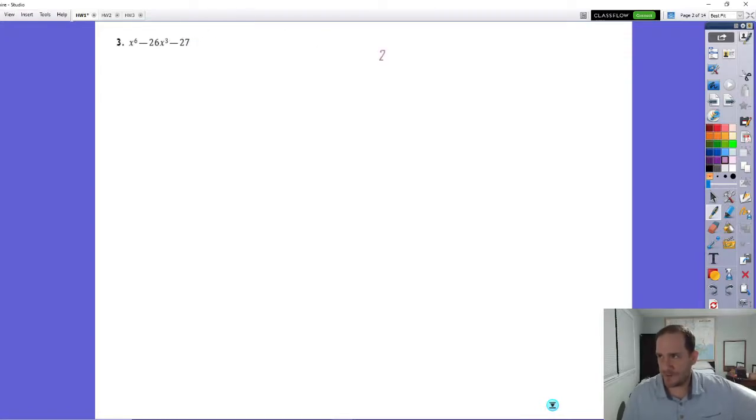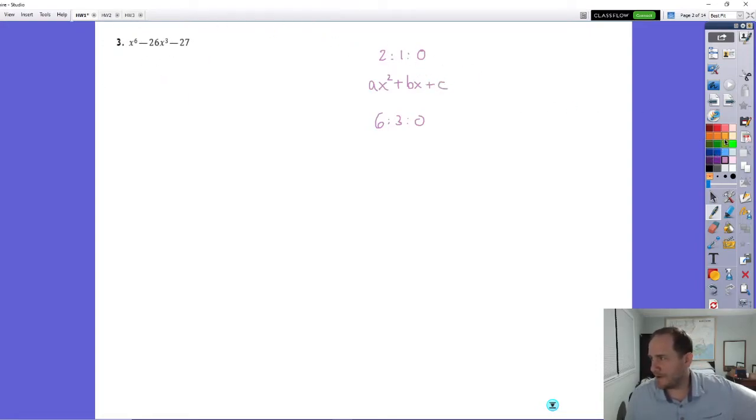A normal quadratic would be 2, 1, 0, like an ax squared, bx, and then c with no x's. Well, you can multiply this by anything. Here we see it's getting multiplied by 3, so it goes to 6, 3, 0. That's going to still be quadratic in nature as long as the leading term is twice as much as the middle term, and the last term has no x's at all.